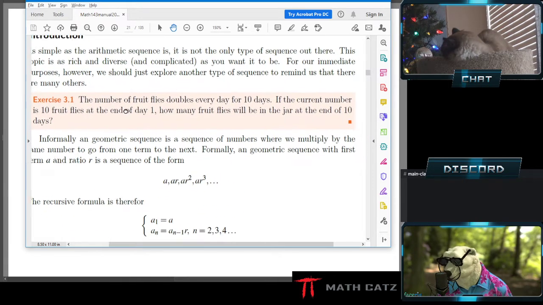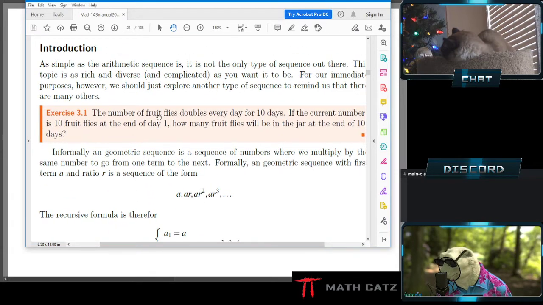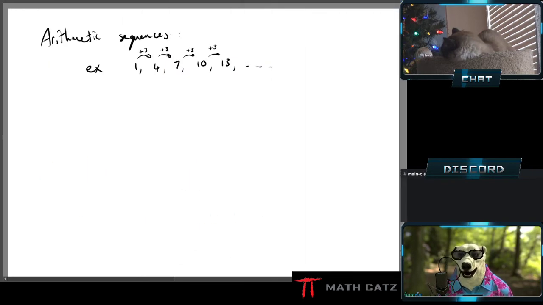Exercise 3.1. The number of fruit flies doubles every day for 10 days. Day 1, I have 10 fruit flies. How many fruit flies will be in the jar, and what does the sequence look like? So I start with 10, and it doubles every time.